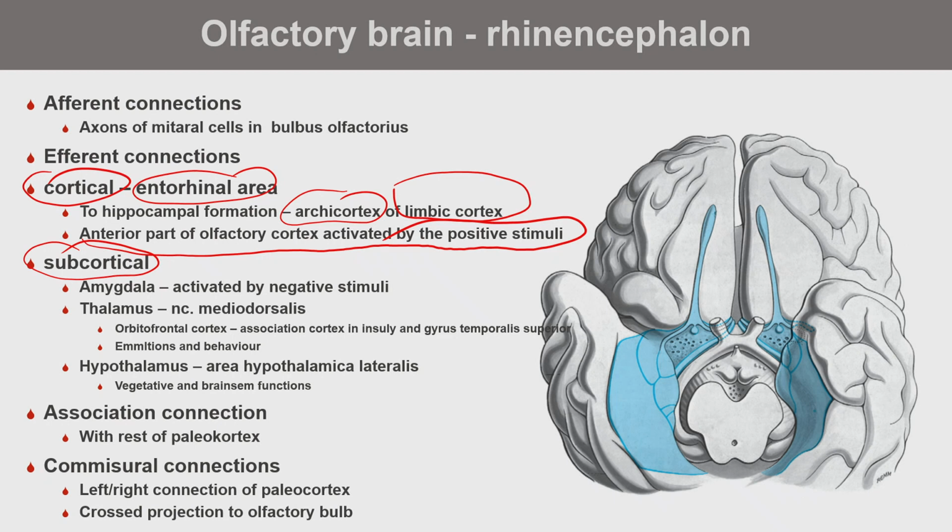So amygdala is very tightly associated to negative stimuli, negative emotions. And it is very close because it is localized somewhere here, an entorhinal cortex. So it's deeply but close together. So it has also commissural connections with paleocortex and cross projections to olfactory bulb, etc. So it's important that we have some crossing information from left to right, right to left.